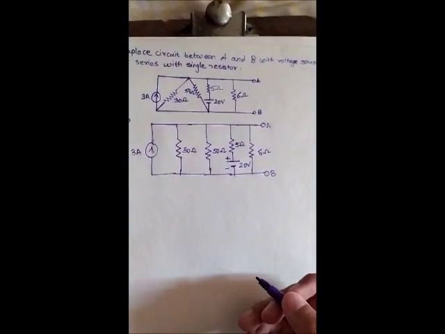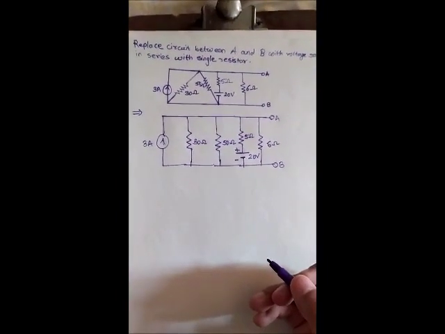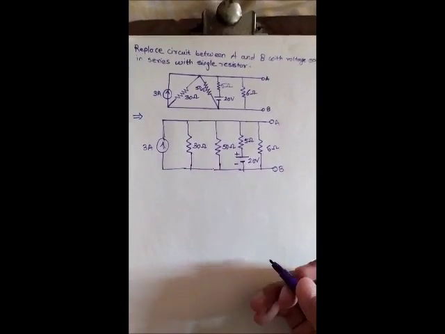Now it is easy to transform the given circuit into voltage in series with a single resistor using source transformation.